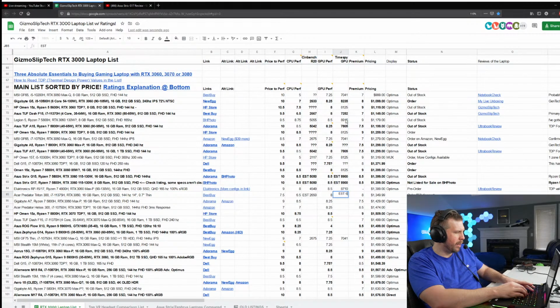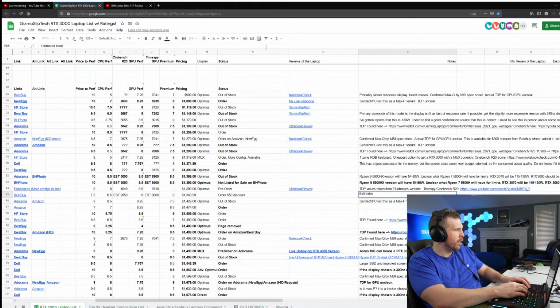It's probably closer to the Zephyrus. I'm going to go with an estimated 6800. And I'm going to put in the notes that I'm doing those estimates based on Asus Tough Dash F15 and Zephyrus G14 performance.